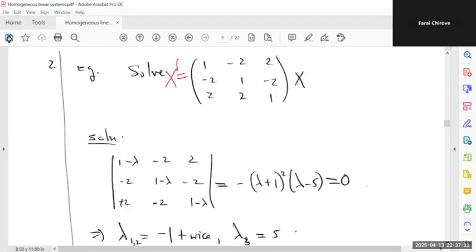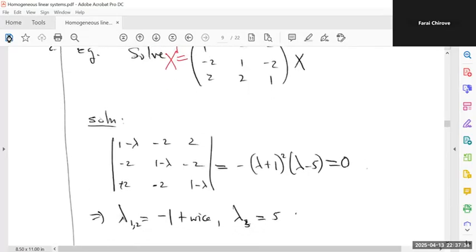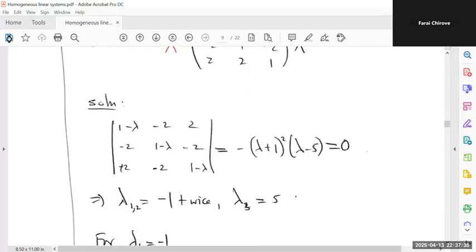So as usual, take the coefficient matrix and you can find that after simplification, so this is where you fill in the gaps. Make sure that you fill in gaps when you're studying this. Don't just watch it and leave it.